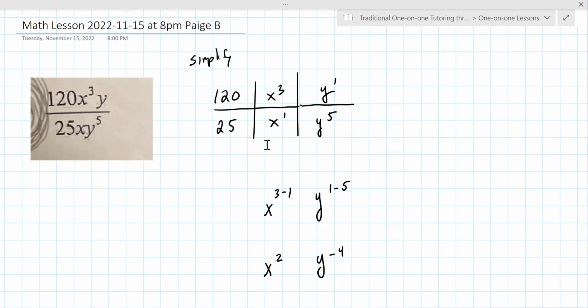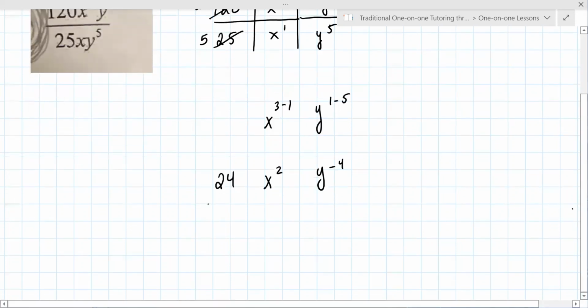Okay, now 25 does not go into 120 perfectly, but they're both divisible by what number? 5. By 5, yeah. So 5 there, and then this top one is 24. So our answer right now is 24 x squared y to the minus 4 over 5.